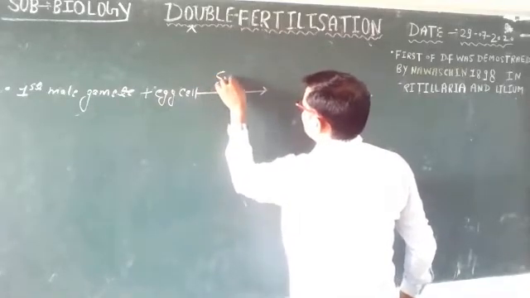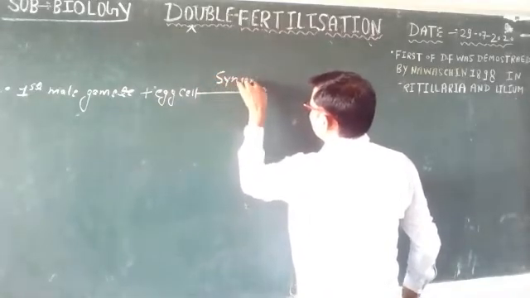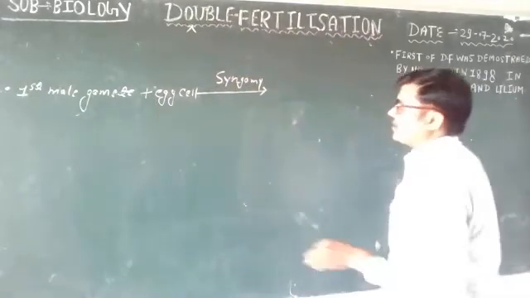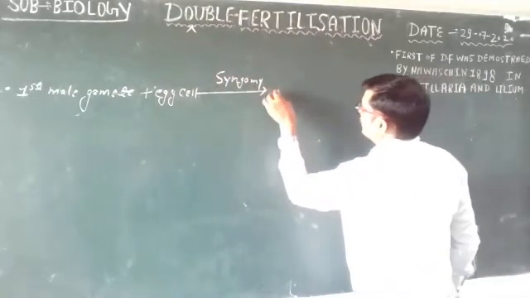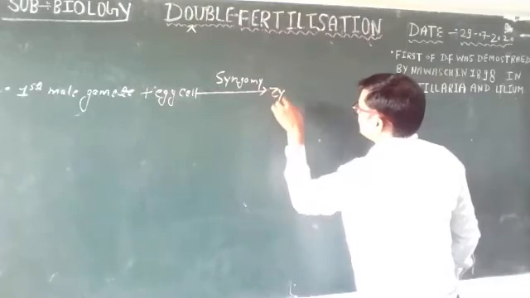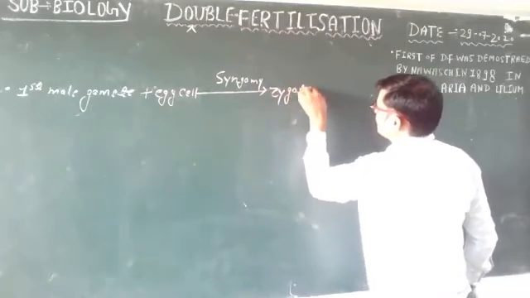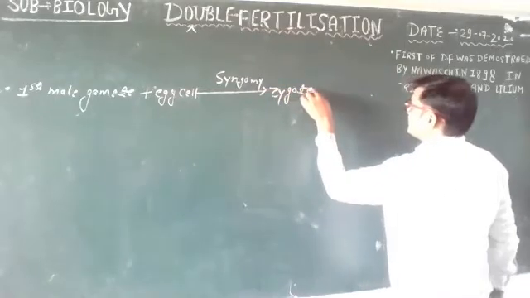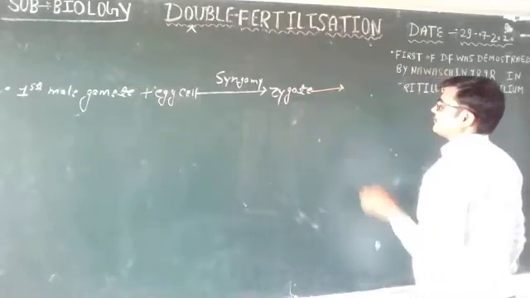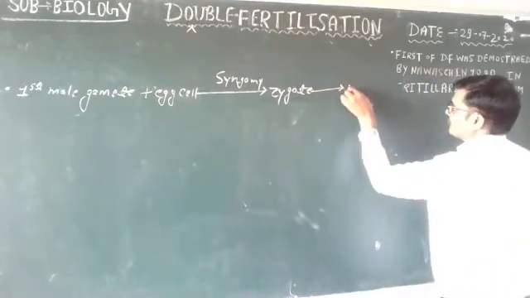This is known as syngamy. And after fusion it forms the diploid state, which is known as the zygote. And when the zygote further develops, it forms the embryo.